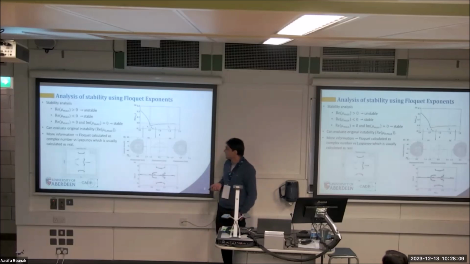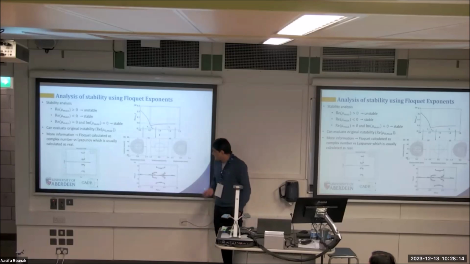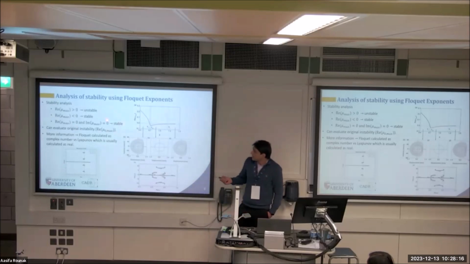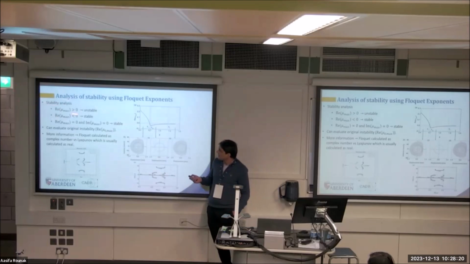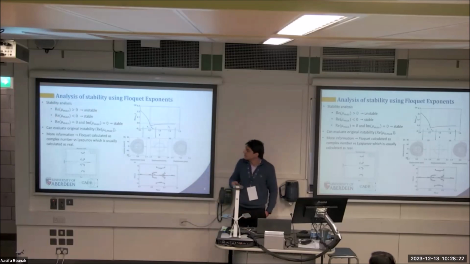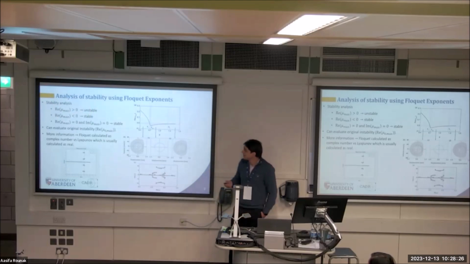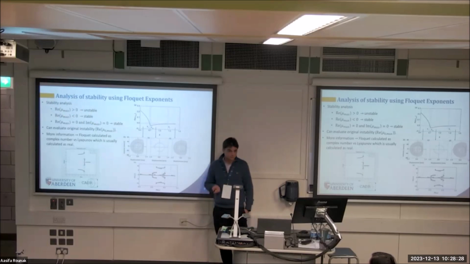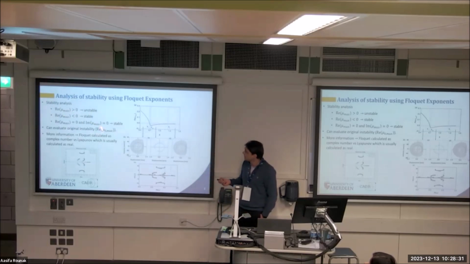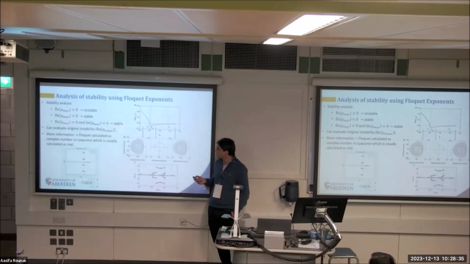So how do we evaluate how good our control is? We use Floquet exponents. If we are analyzing an orbit that's controlled, and any Floquet exponent is positive, it is unstable. If all of them have negative real parts, it is stable. And if any of the Floquet exponents have a zero real part, then we look at the imaginary part.